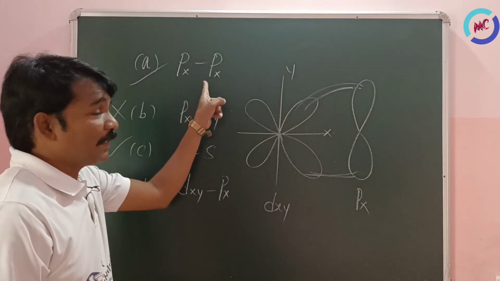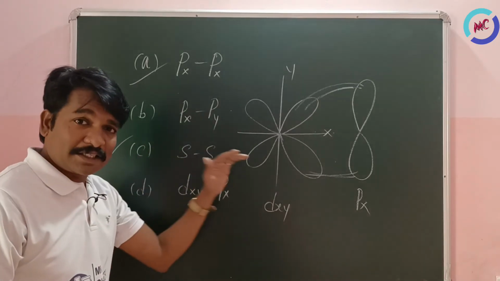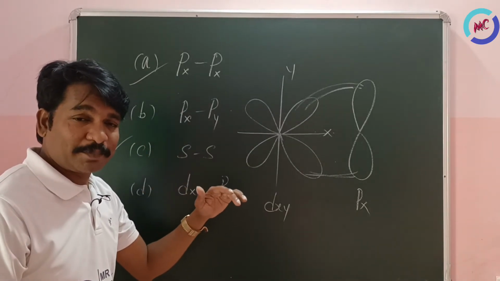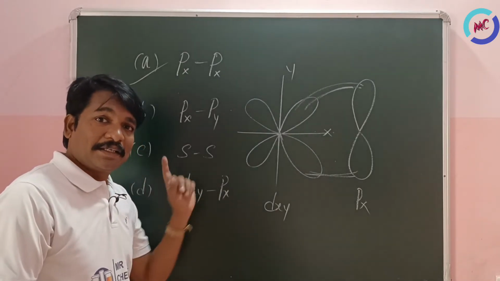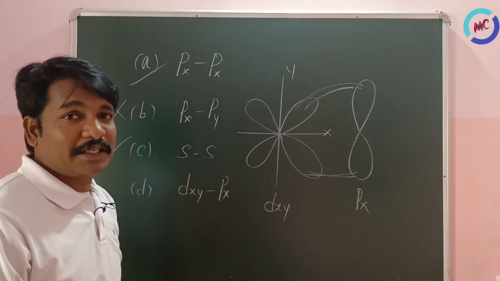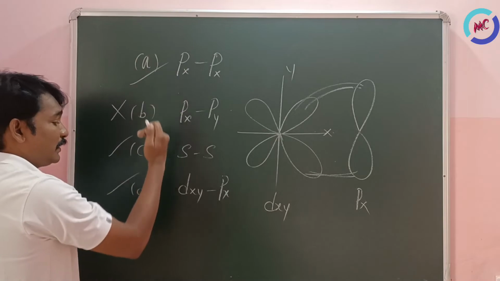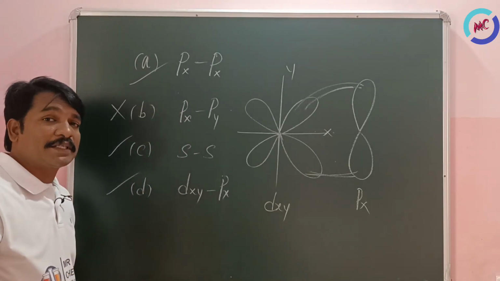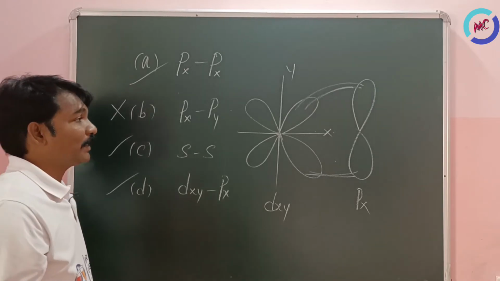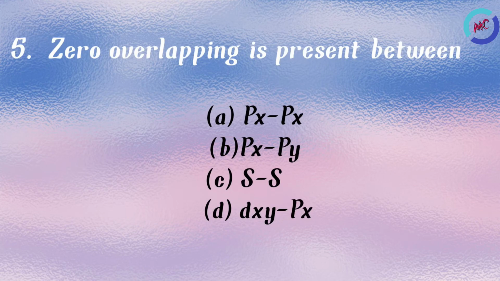In case of ss, direct overlapping is possible, so a sigma bond will form. In case of dxy and px, side by side overlapping leads to pi bond formation. So in options A, C and D overlapping is possible, but the question is based on zero overlapping, meaning no overlapping. Then our answer is option B, px py.